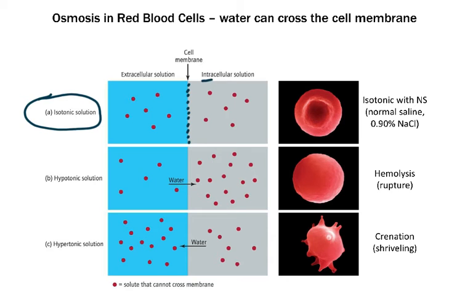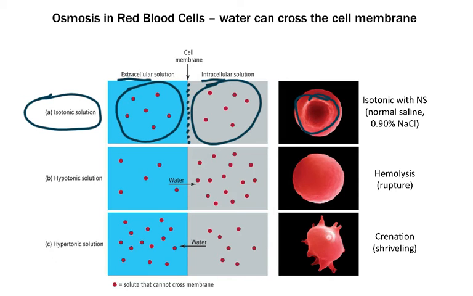Gray is inside the cell, blue is outside the cell, and inside the cell is normal physiological saline, 0.9% NaCl. If we have the same concentration outside the cell, inside the cell, everything is good. It's isotonic and it's normal.